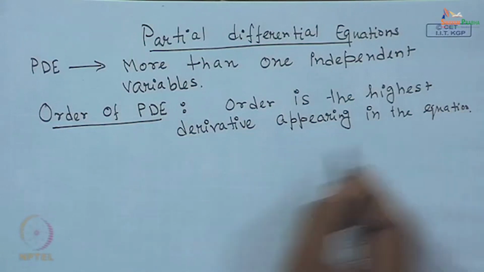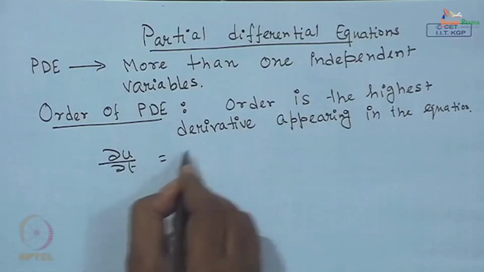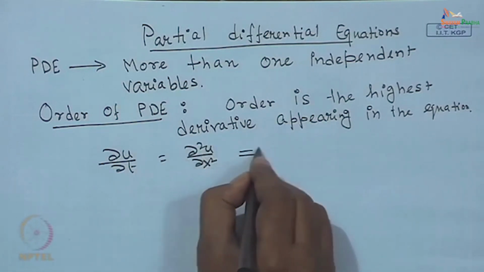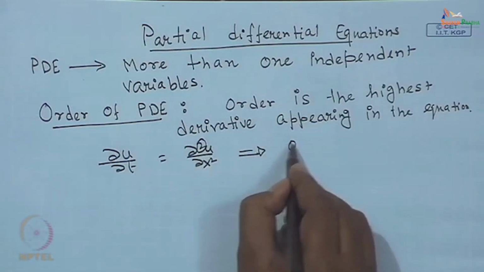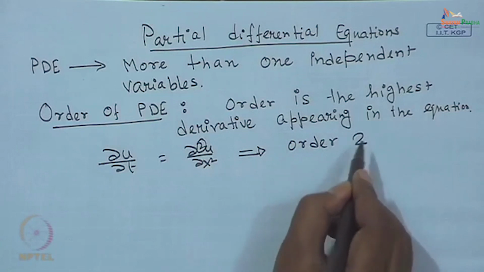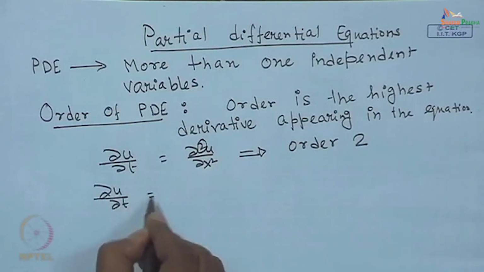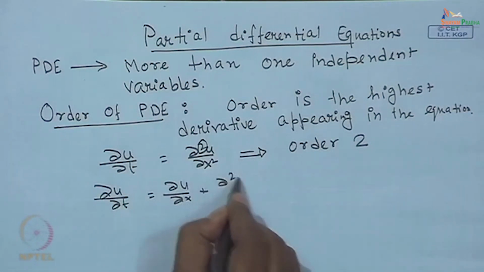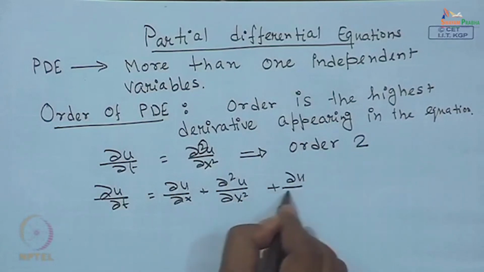For example, take the equation del u del t is equal to del square u del x square. In this PDE, the highest derivative occurring is second order, so the order is 2. Next, del u del t is equal to del u del x plus del square u del x square plus del u del y.